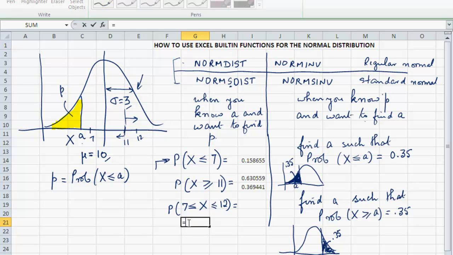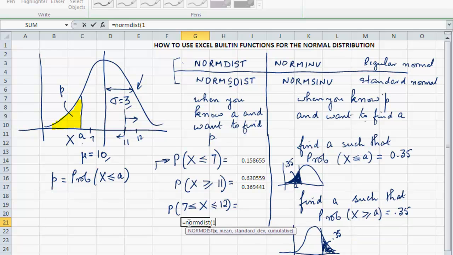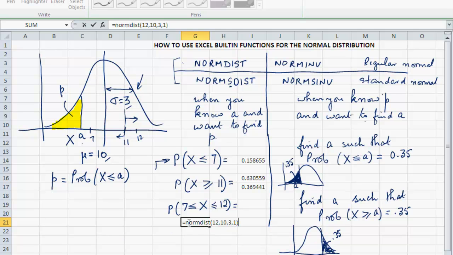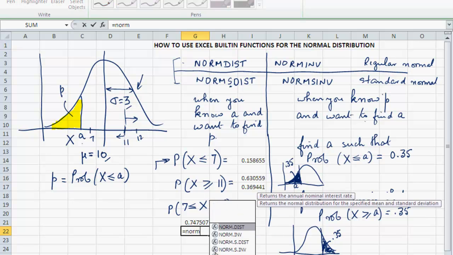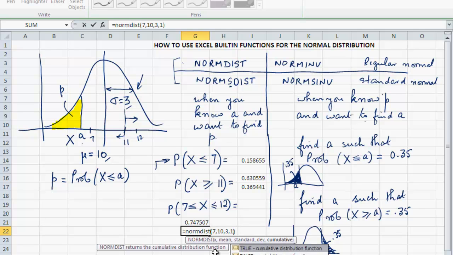So we'll say equal to norm dist 12, 10, 3, 1. This is the area to the left of x equal to 12. And now let's do norm dist 7, 10, 3, 1. So this is the area to the left of 7.